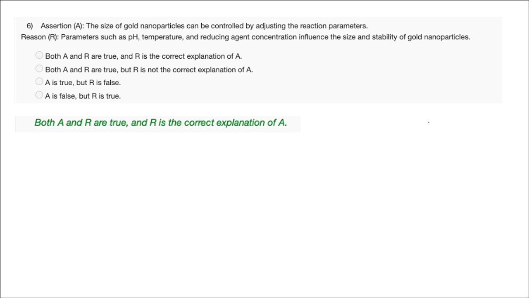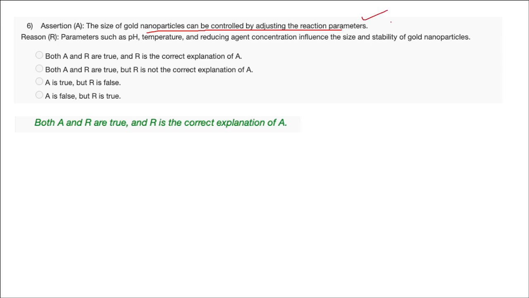So yes, the correct option is both A and R are true, and R is the correct explanation of A, because we have just seen that the size of gold nanoparticles can be controlled by adjusting the reaction parameters.